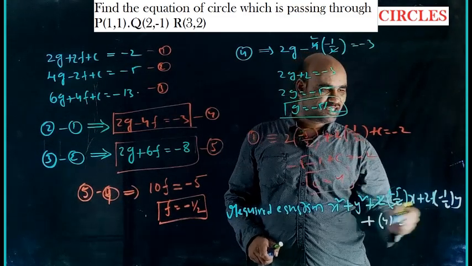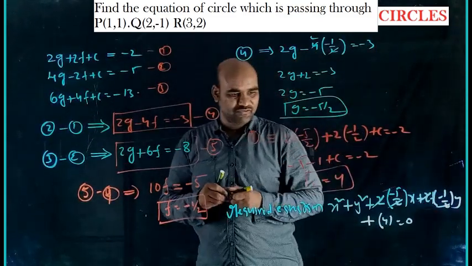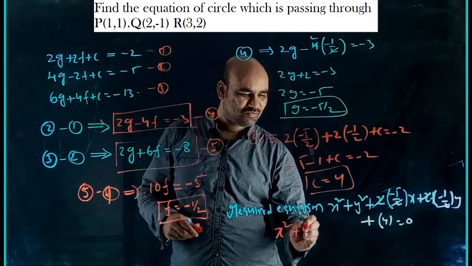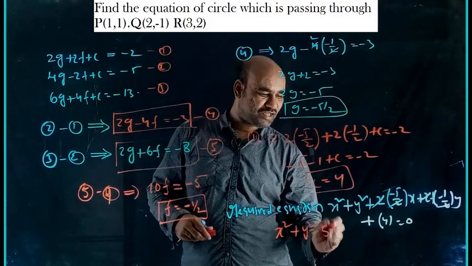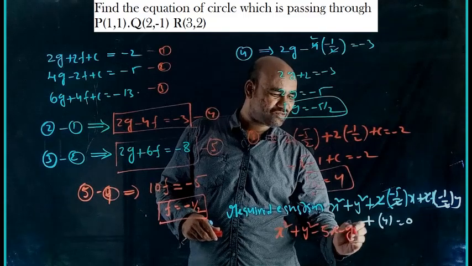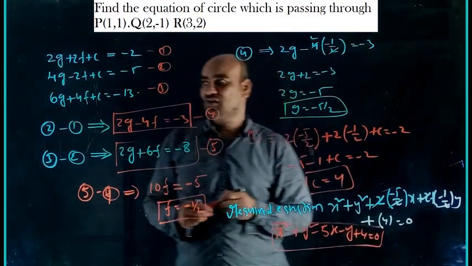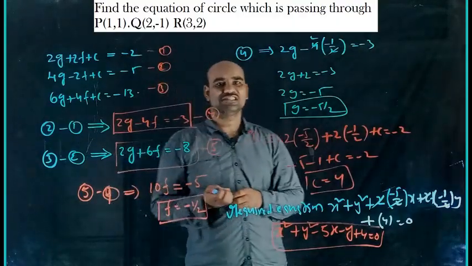Here 2 get cancelled. So finally the equation of circle is x square plus y square minus 5x minus y plus 4 equal to 0. In this way also you can find the equation of that circle.